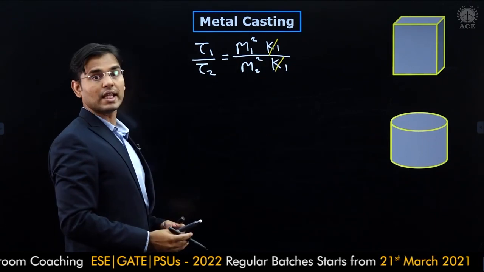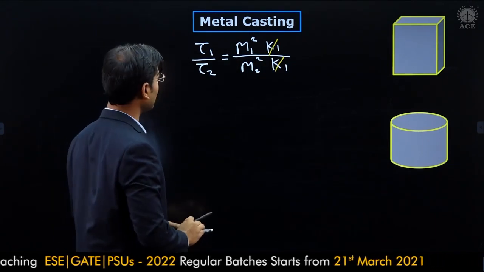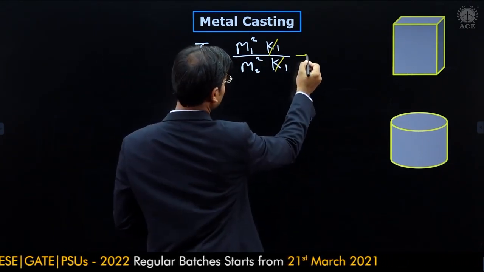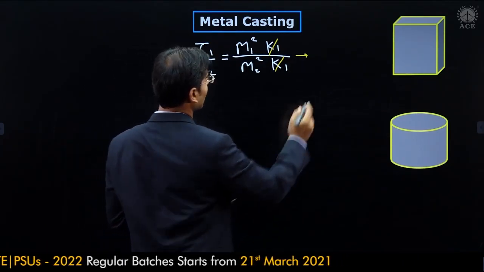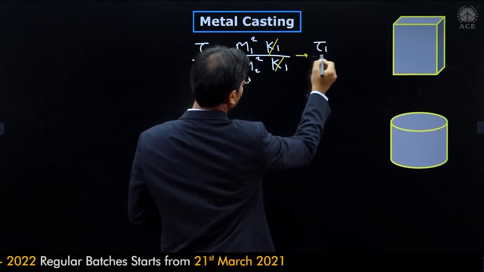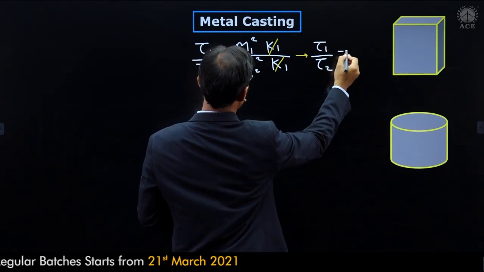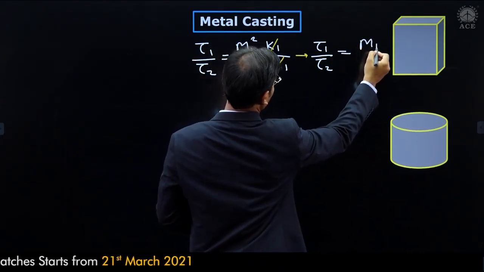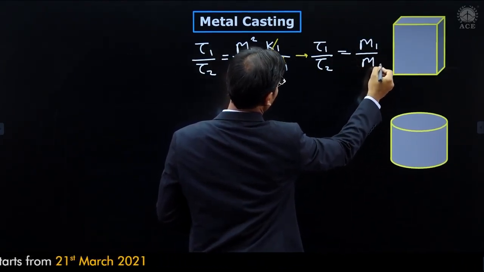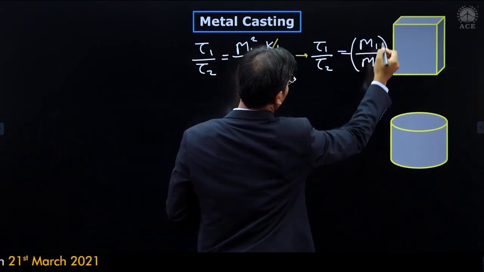Here K1 is cancelled. The remaining term is tau 1 by tau 2 is equal to M1 by M2 whole square.